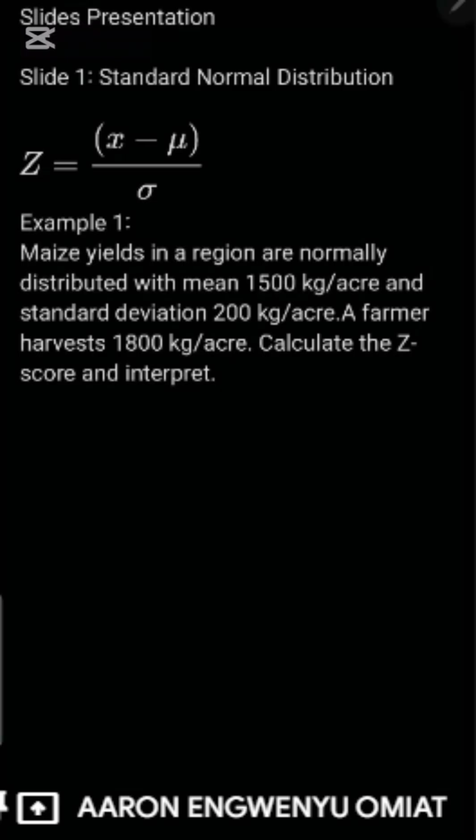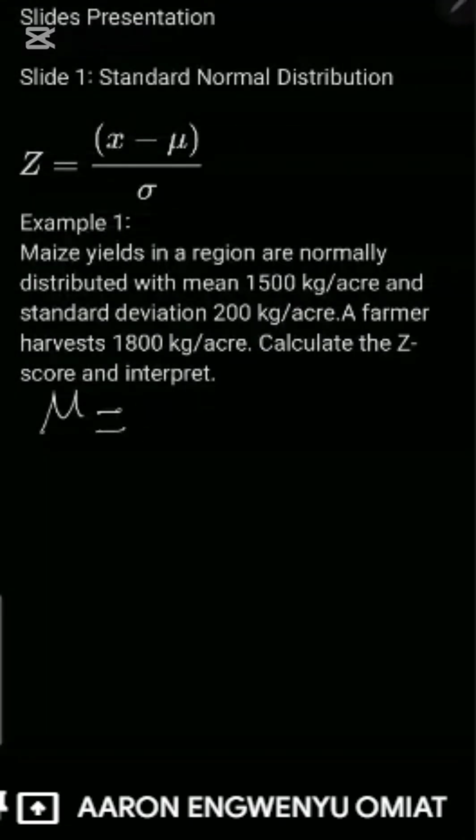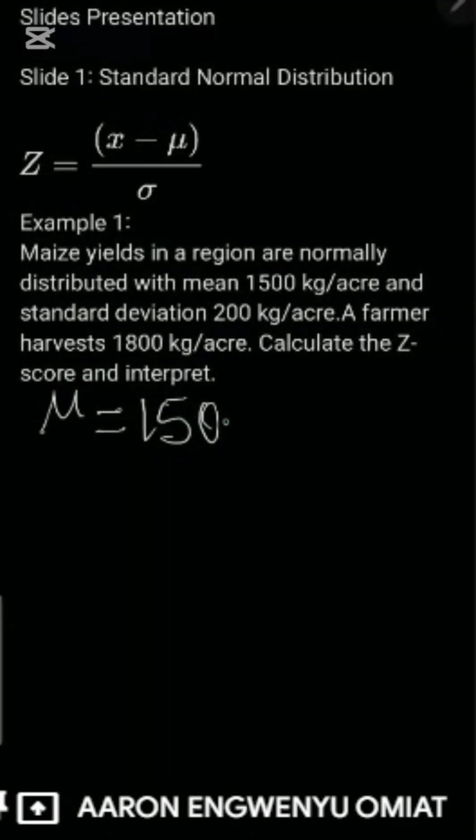Number 1 is saying maize yields in a region are normally distributed with a mean, so we write the mean they have told us, of 1,500 kilograms per acre, and the standard deviation of 200.